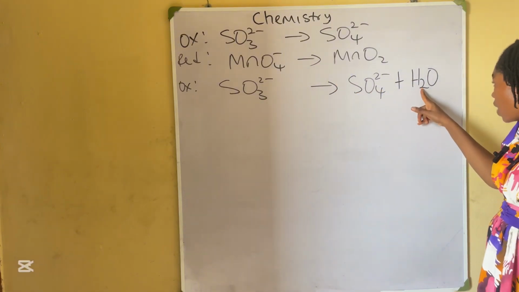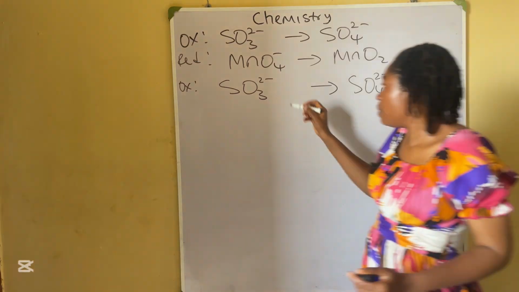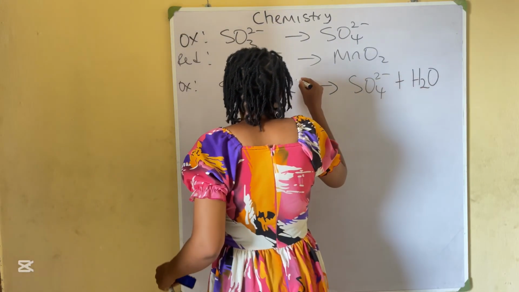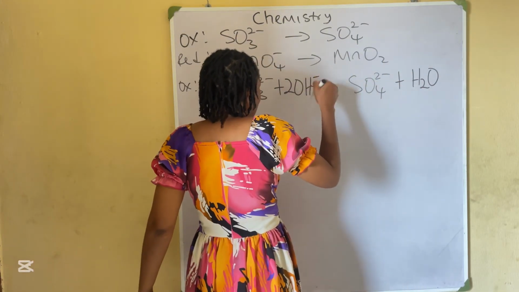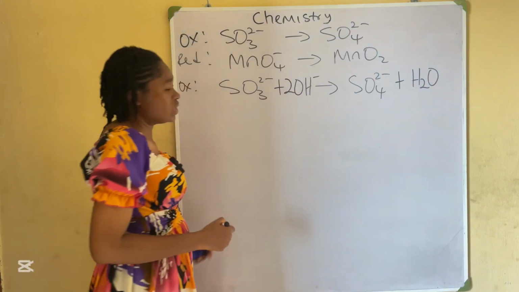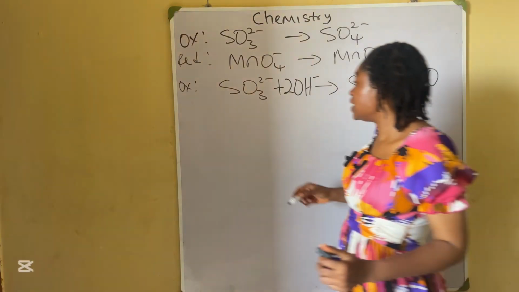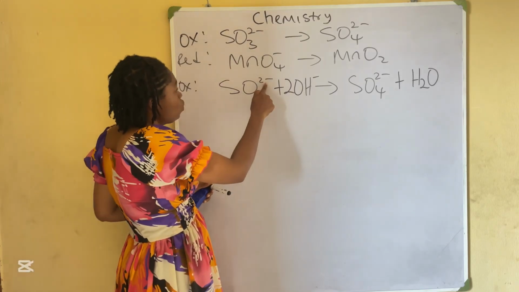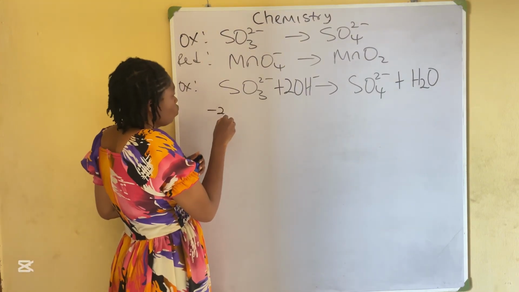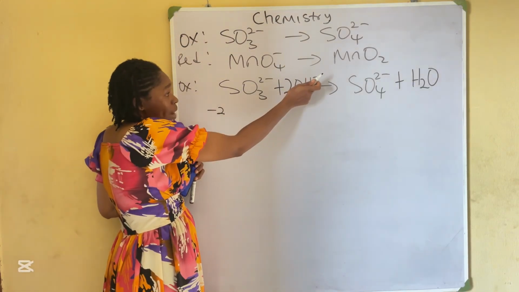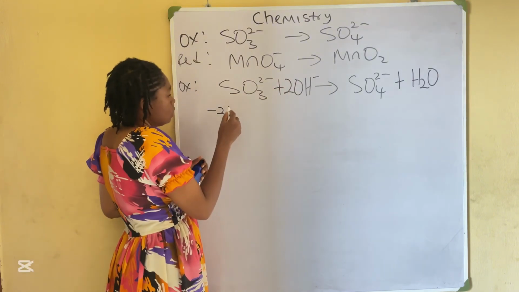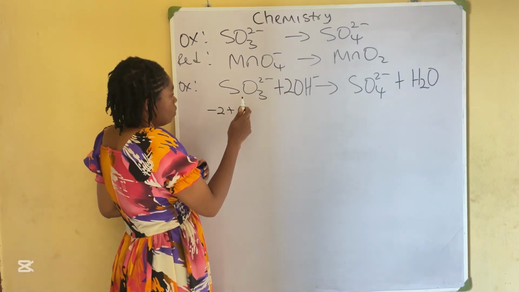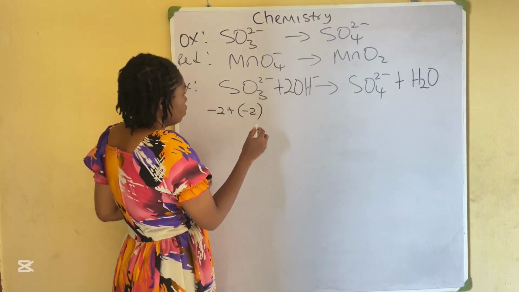So I'll be adding 2 moles of hydroxide ion. Next thing I'm going to do is to balance the charge. Look at the charge I have here: 2 times minus 1 plus minus 2 gives minus 4 on the left-hand side.